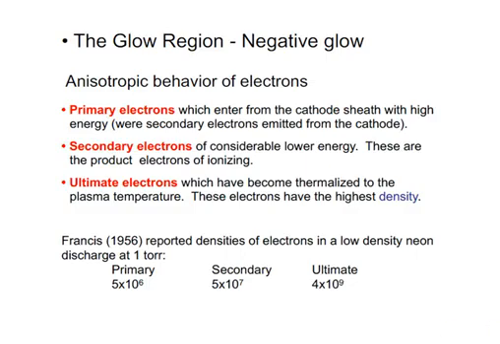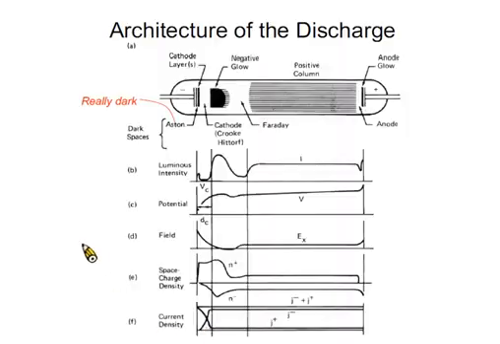So there are different regions: cathode surface, and then the cathode layer, or what is called the cathode region, and then negative glow, and the right end is the anode surface and the anode region.